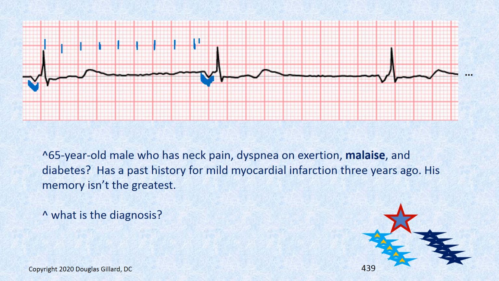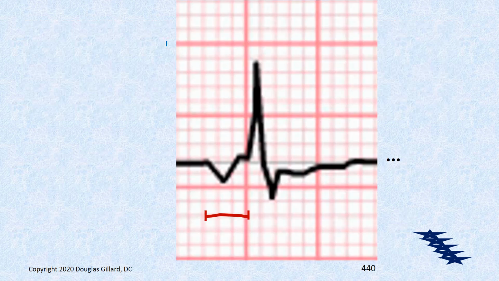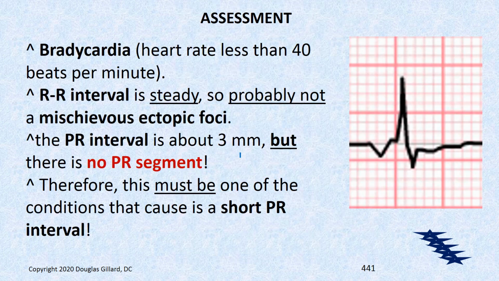It doesn't get as accurate when you get down there; you'd have to count all the little boxes, but it's slow. What do you think happened? And that's abnormal, right? Technically the duration is okay, but there's no PR segment, so the PR interval is messed up.